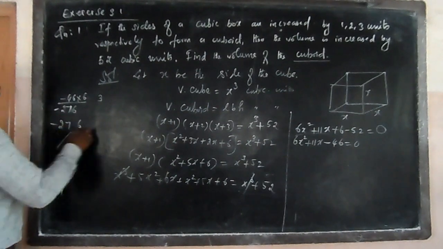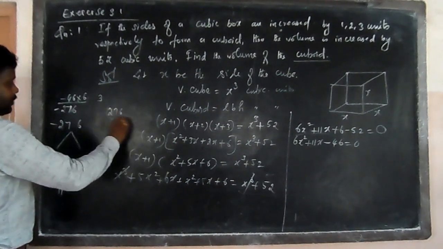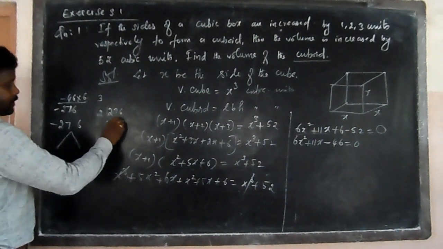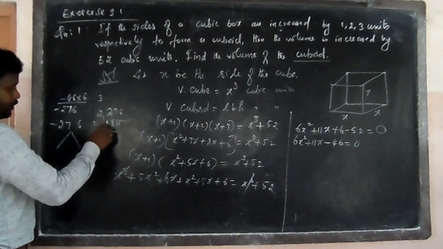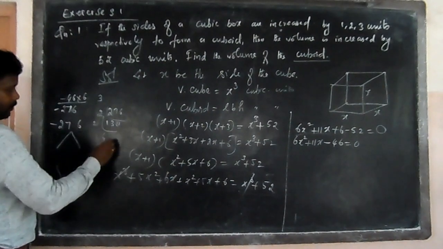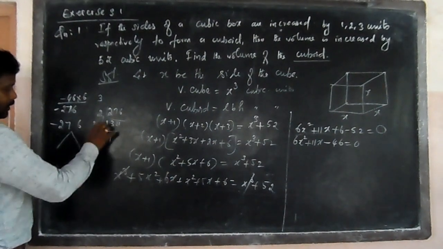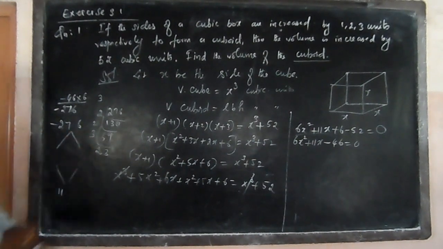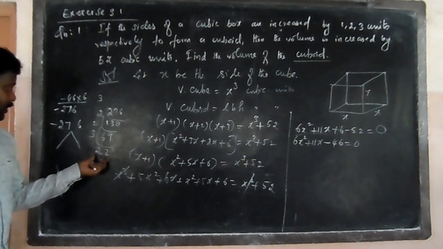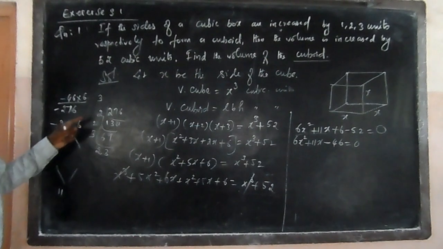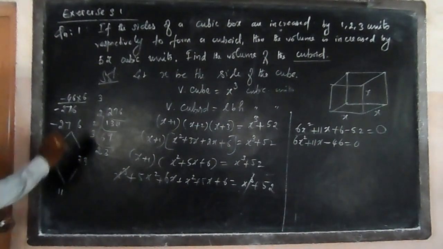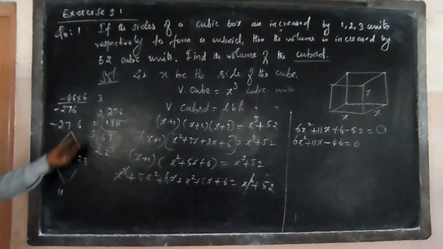So 276 divided by 2 is 138, again by 2 is 69, then by 3 is 23. 23 is a prime number. So 2 twos are 4, 4 threes are 12. So 12 into 23 is 276.